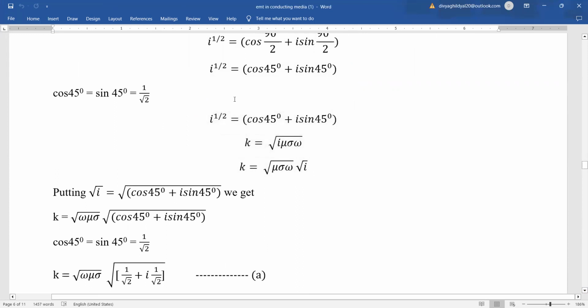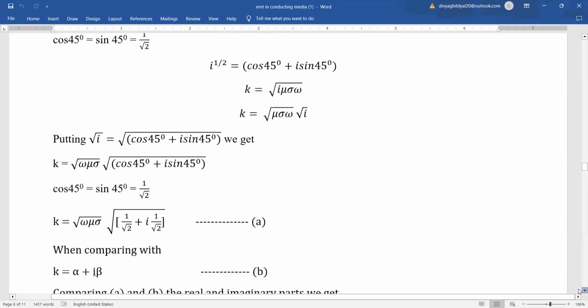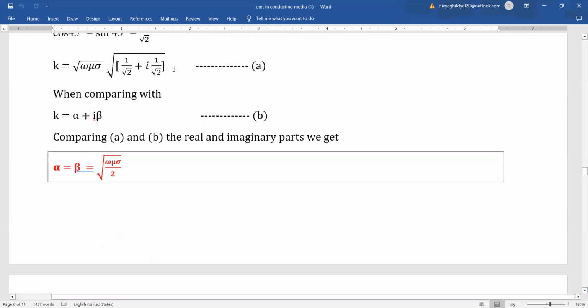Here we put the value of under root i, what we have got up here, and putting numerical value of cos 45 degree and sin 45 degree, we get the answer for K as under root omega mu sigma into 1 upon under root 2 plus i upon under root 2.